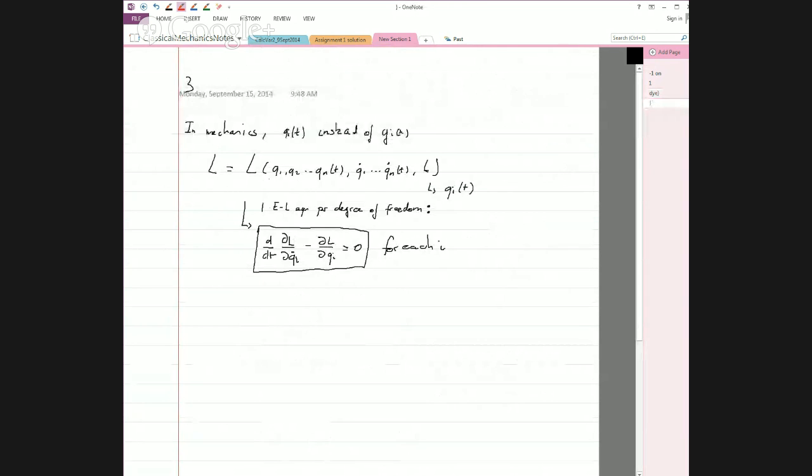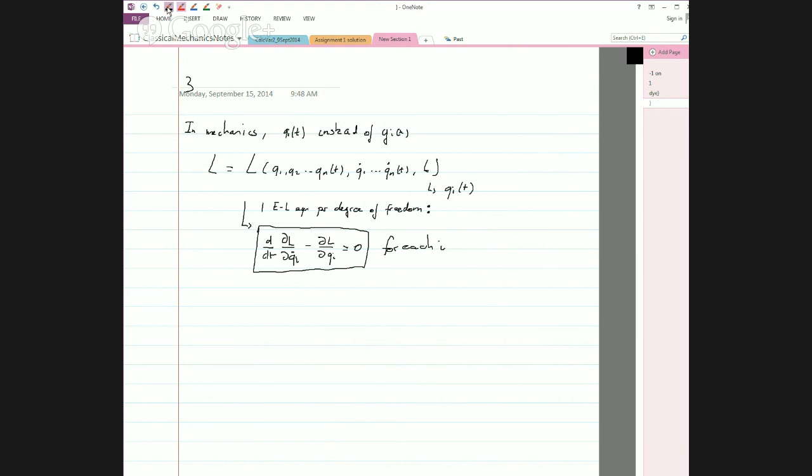So if L depends on multiple functions, qi, q1, q2, ..., qn of t, q1 dot, ..., qn dot of t, and t, then you'll get one Euler-Lagrange equation for each degree of freedom. We'll do one special case now that simplifies things, and then we'll go back to q's.